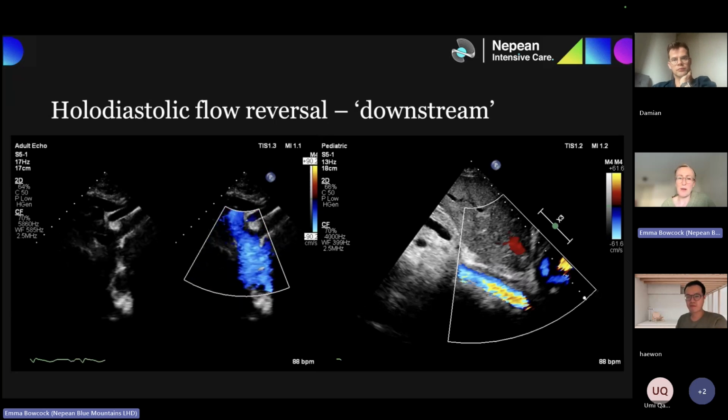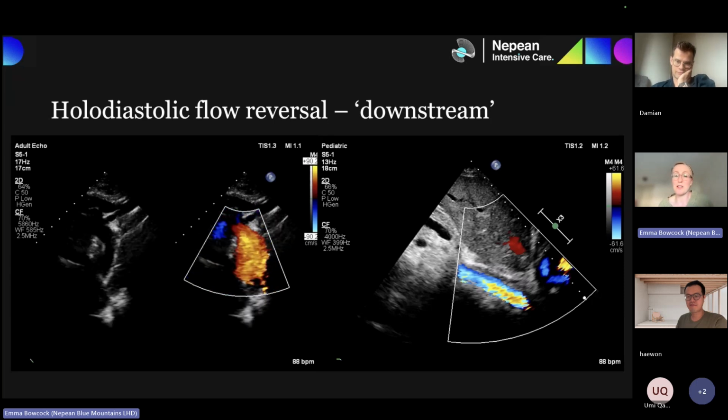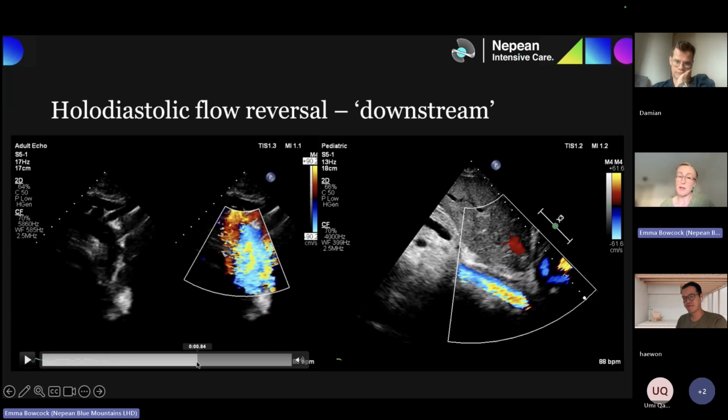And the first question I got was this view, suprasternal view with just color on, and it said, is this normal? Is this coarctation? Is this aortic transection? And it was just normal blood flow. So it was just recognizing what's normal before you can come on to abnormal. So it's a bit mean of me to then show you this, because normally you would just see blue blood coming, right?